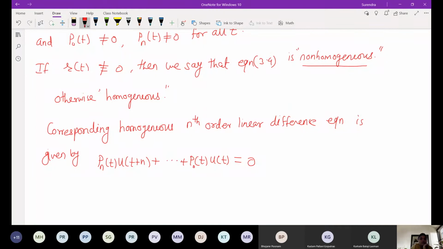Corresponding homogeneous equation, which we will write in terms of u instead of y, because when we find the solution of the non-homogeneous equation, we require the solution of the homogeneous equation. So that u(t) we will use to find the solution of the non-homogeneous. So we are rewriting the homogeneous equation in the form of u, and that we call 3.4 dash.